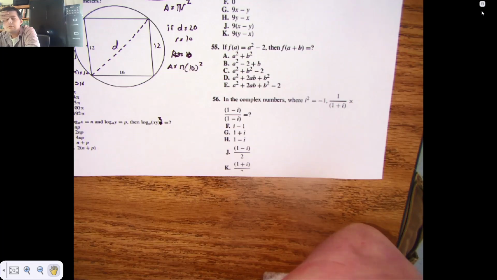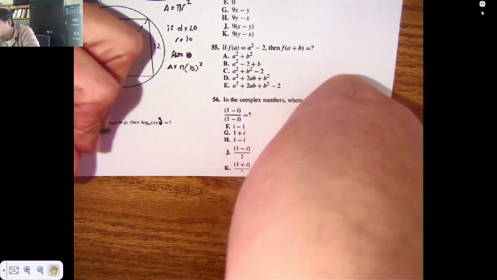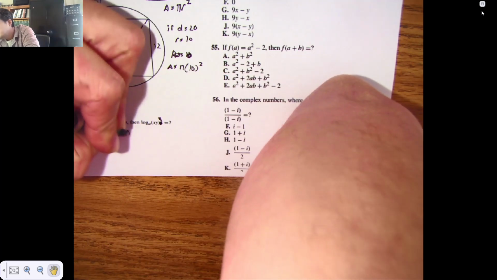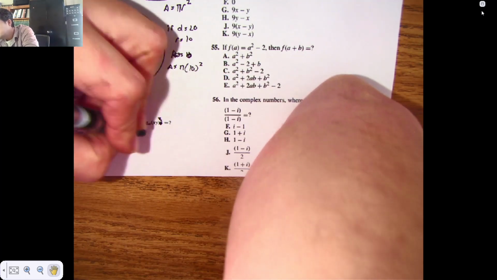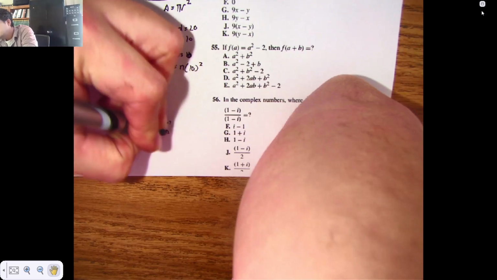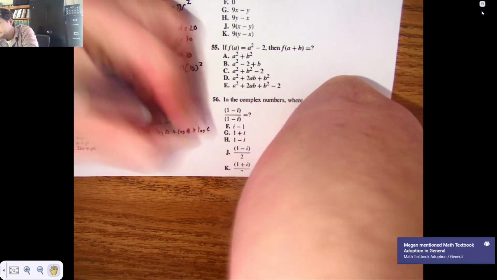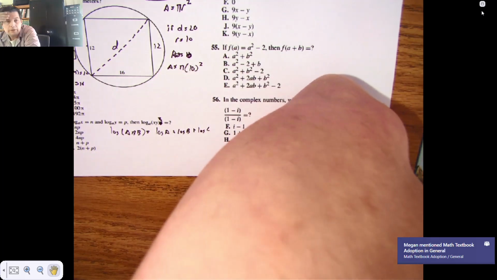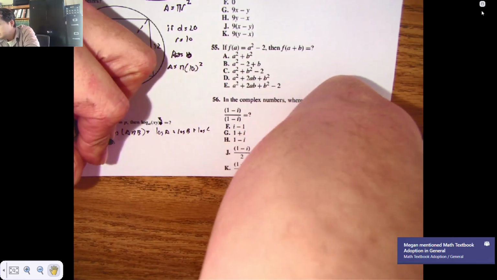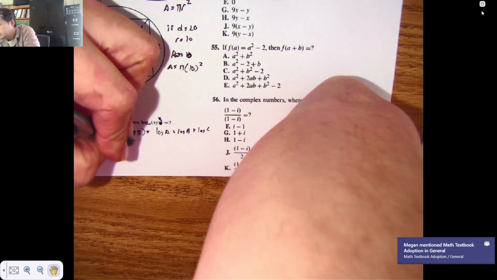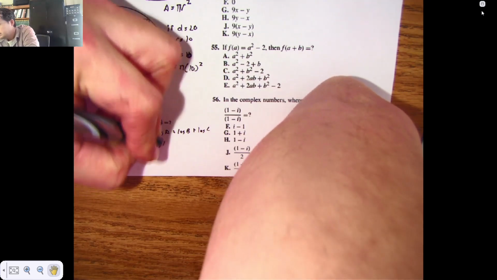So there are 2 rules on your form quizzes that apply to this. One of them is log ABC is log A plus log B plus log C. The other one is log A to the R is R log A.